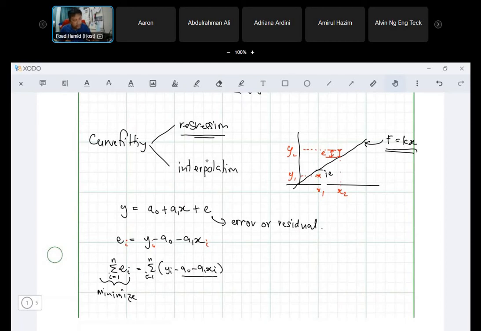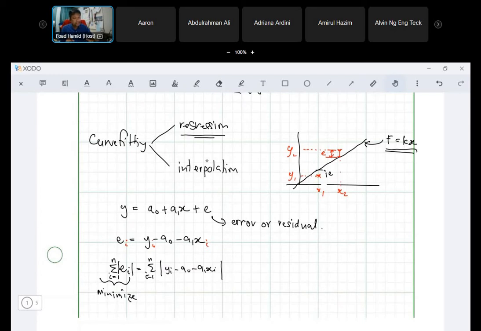We say, okay, why not take the absolute value, because we do not care about the sign. What we want to know is the magnitude of the error, not the direction of the error. So we take the absolute value of the error.